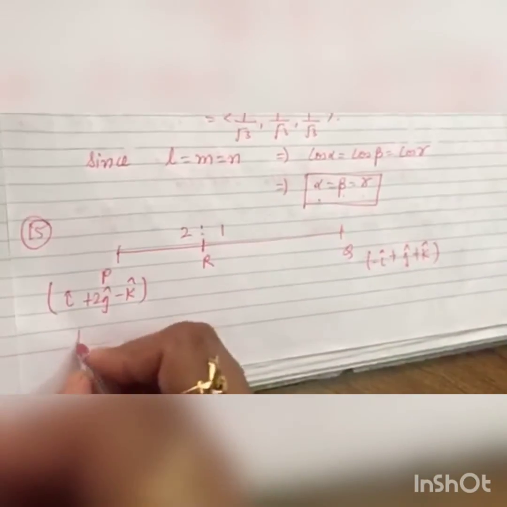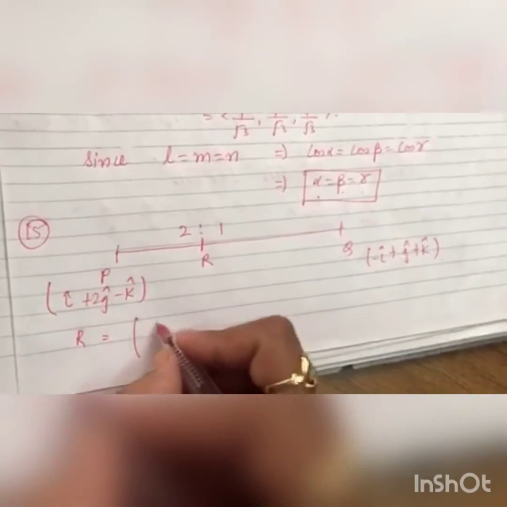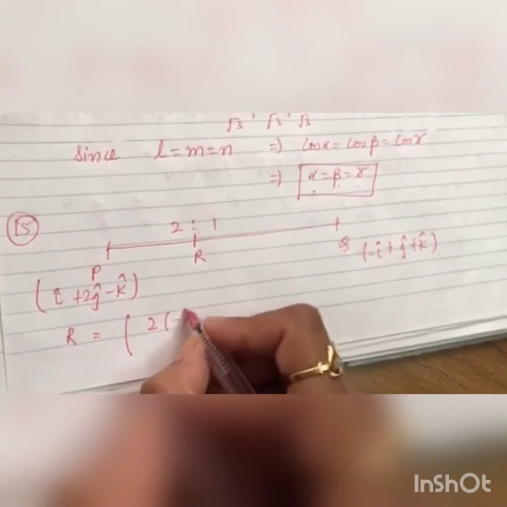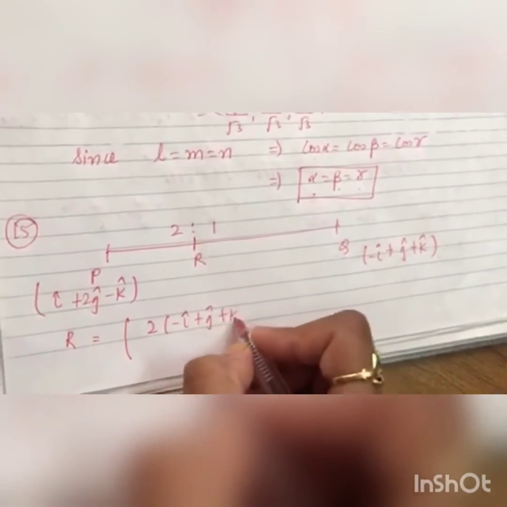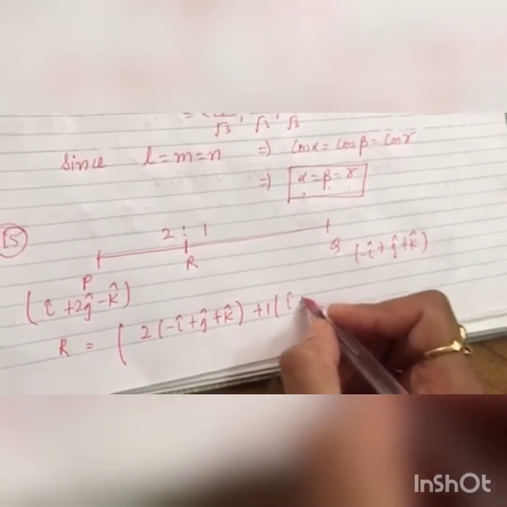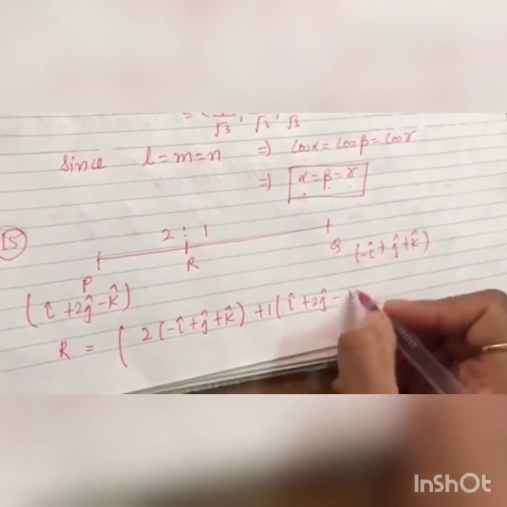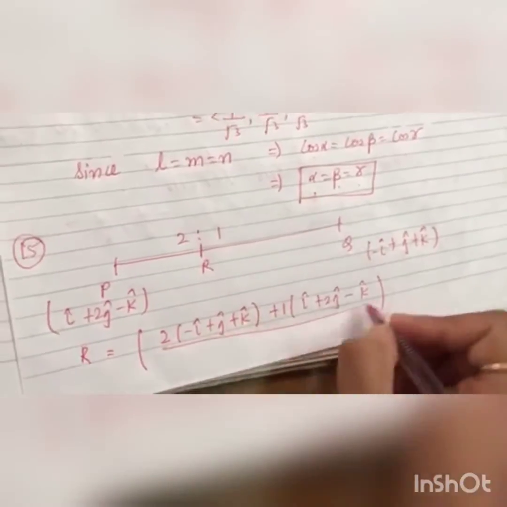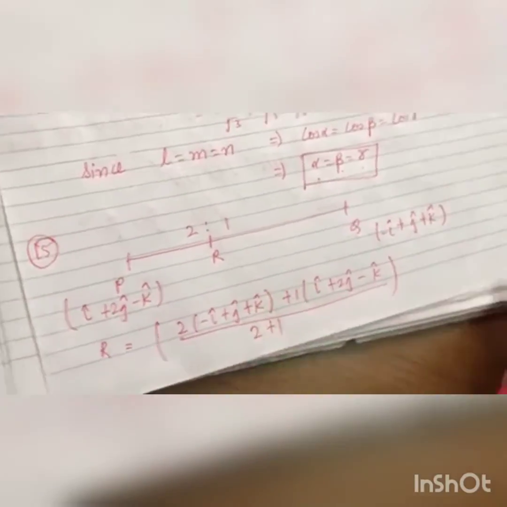So for this we have to find R, which will be equal to 2 multiplied by minus i cap plus j cap plus k cap plus 1 multiplied by i cap plus 2j cap minus k cap divided by the sum of the ratio. So this is 2 plus 1.